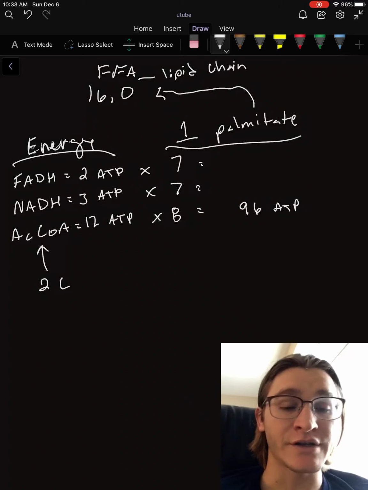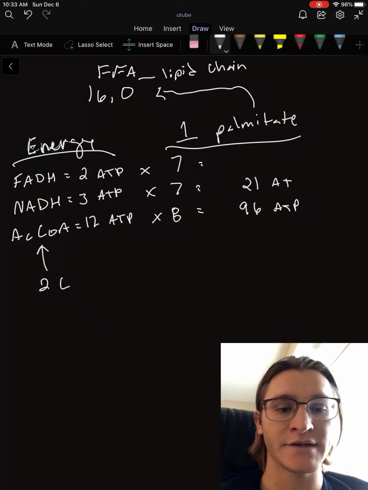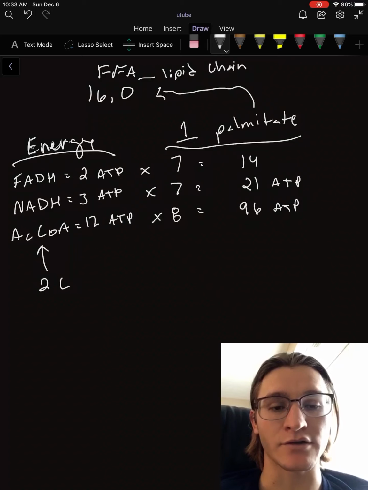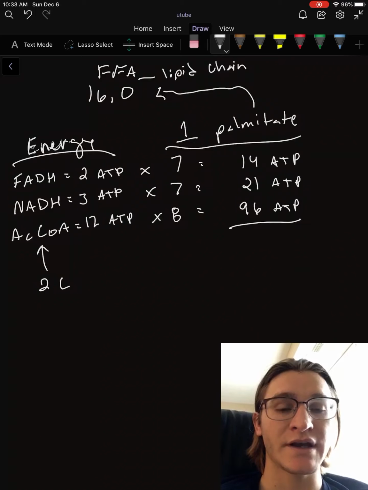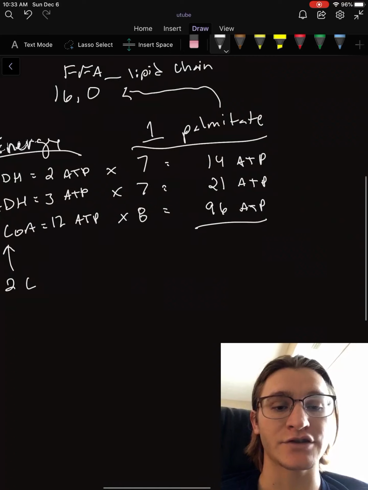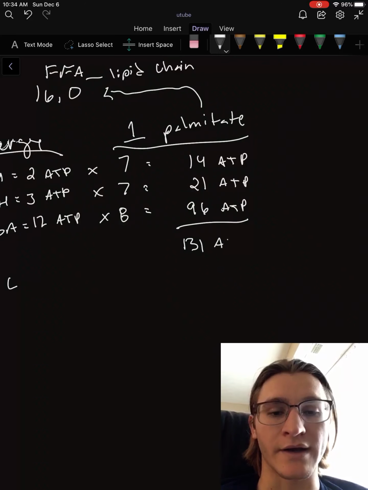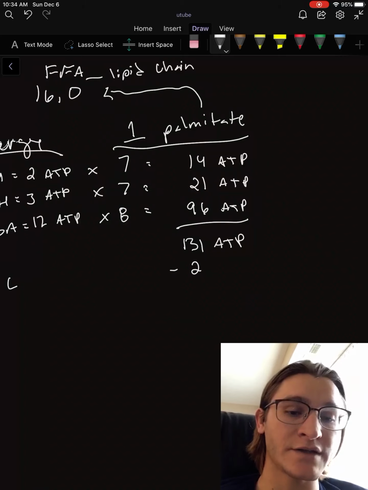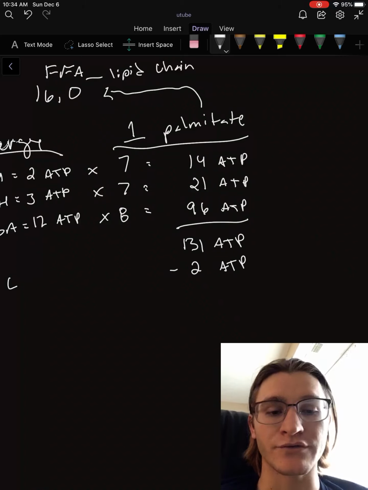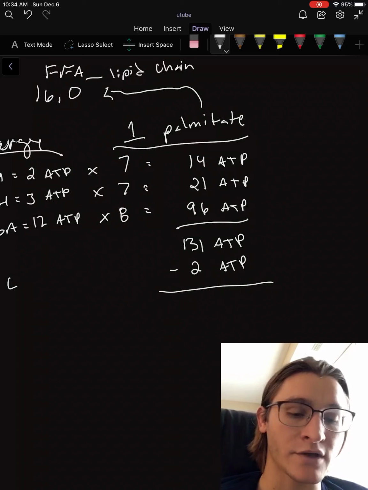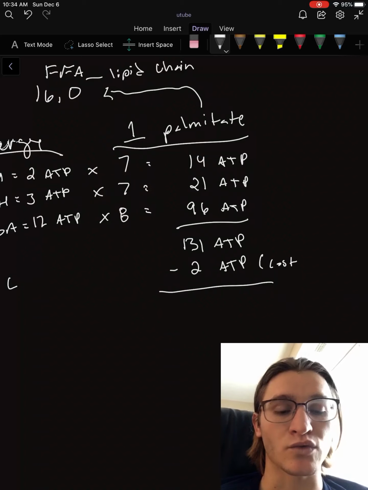And look how much energy a single palmitate has: 96 ATP from the acetyl CoA, 21 from NADH, and 14 from FADH2, which gets us a total of 131 ATP, minus the 2 ATP used to make our palmitoyl coenzyme A, and that gives us 129 ATP total.